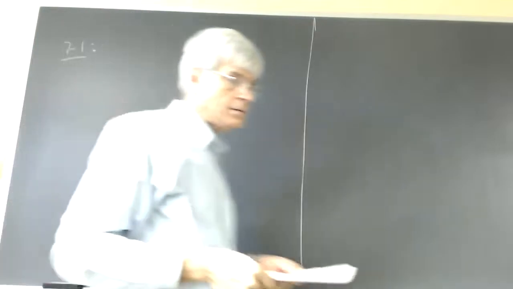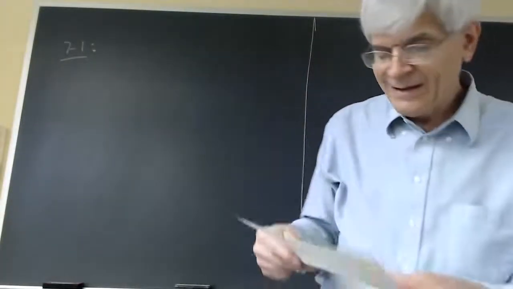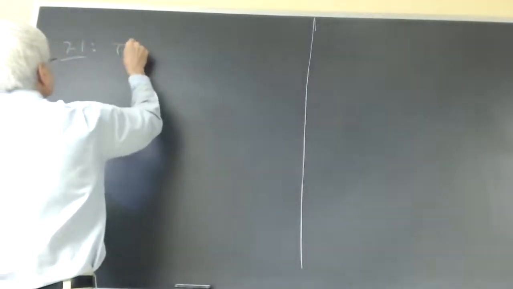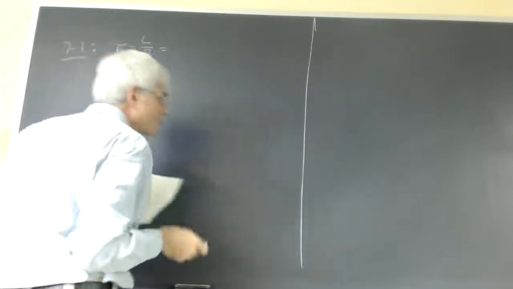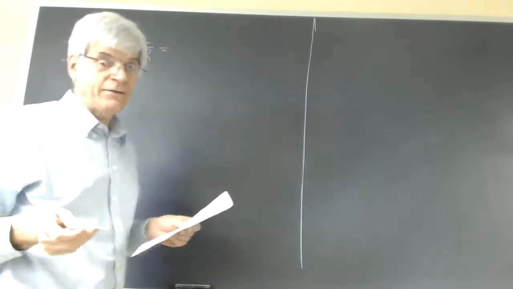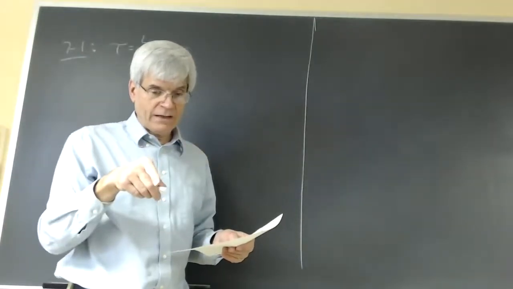Number 1. First thing it asks for is the time constant. If this pops up on a test, this is not too bad because the question says find the time constant.